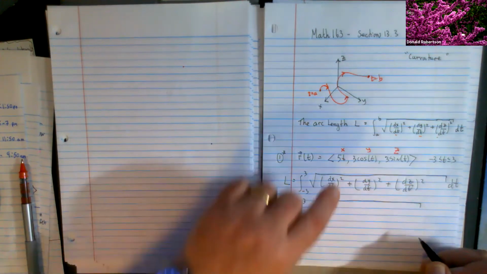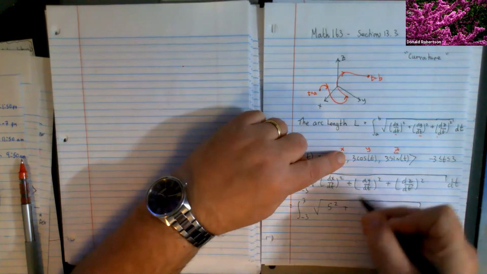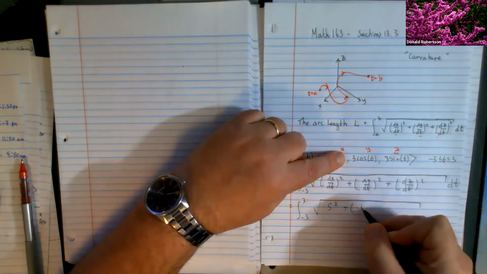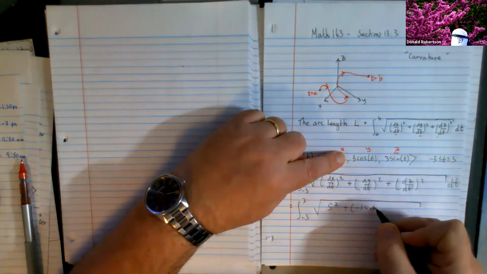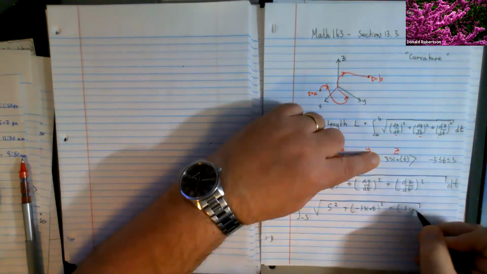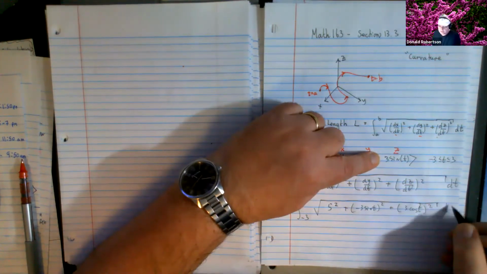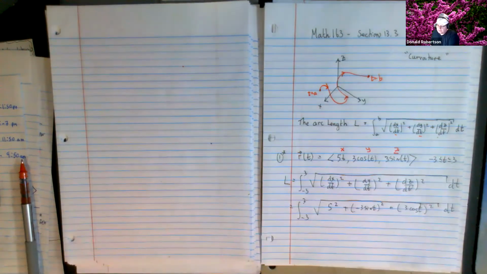Differentiate this one, you get 5, and then you square it. Differentiate this one, you get -3 sine t, and you square it. Differentiate this one, you get 3 cosine t, and you square it. That seems pretty straightforward. Find its derivative squared, find its derivative squared, find its derivative squared, add them all together.